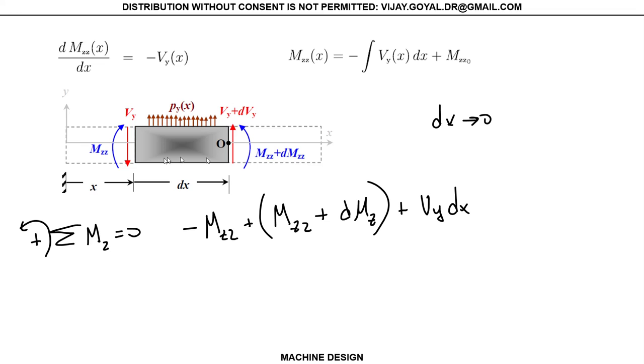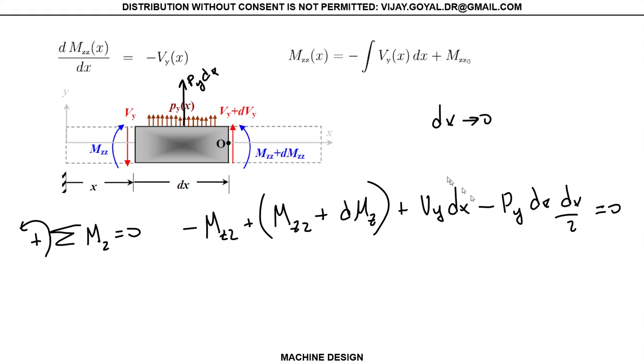This is just exaggerating this. And then if you have to find the midsection, this will be py dx times half of that distance. That will give you negative because it's going in this direction, minus py dx divided by 2, is equal to 0.